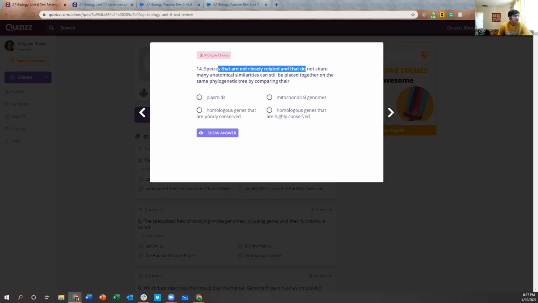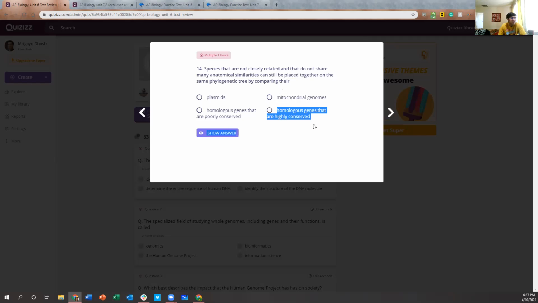Species that are not closely related and that do not share many anatomical similarities can still be placed together on the same phylogenetic tree by comparing their plasmids. I'm not sure why I would compare their plasmids, because not all organisms, it's bacteria, have plasmids, right? Mitochondrial genomes, maybe that could make sense.